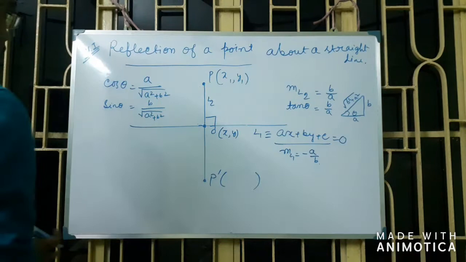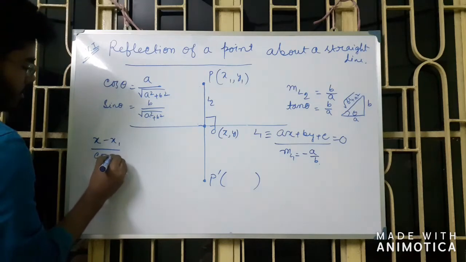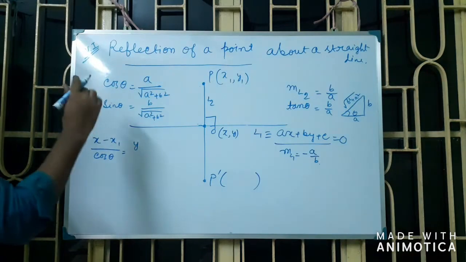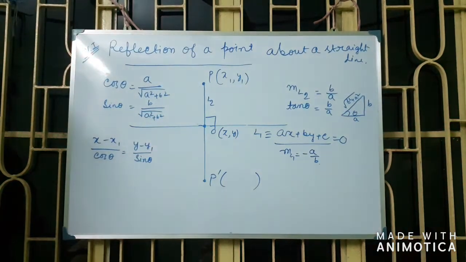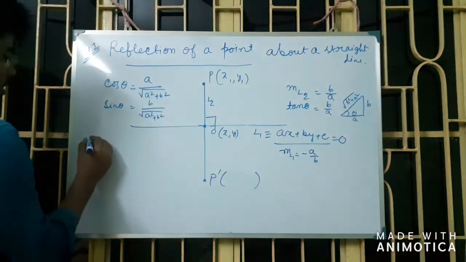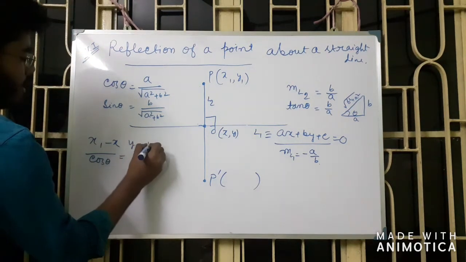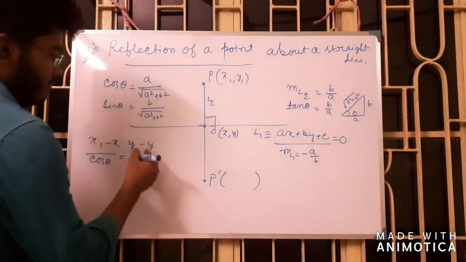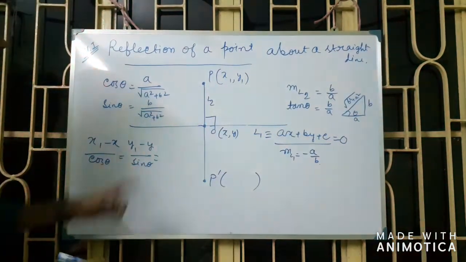Here x and y are variables. So we can write (x minus x1) by cos theta equal to (y minus y1) upon sin theta, or you can write it this way: (x1 minus x) by cos theta equal to (y1 minus y) upon sin theta, and that equals the distance. What is the distance formula from a point to a line?